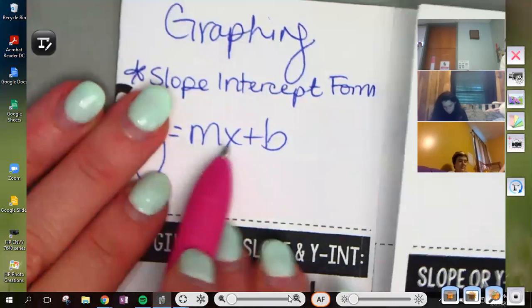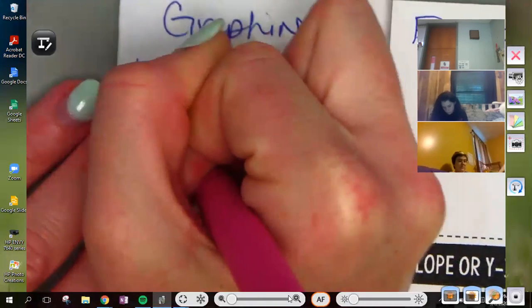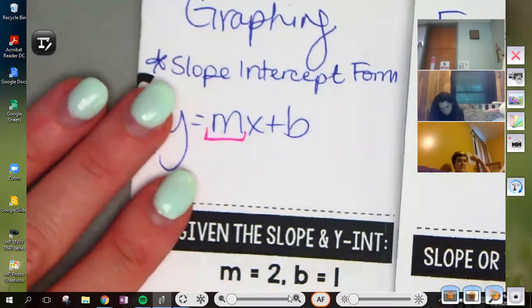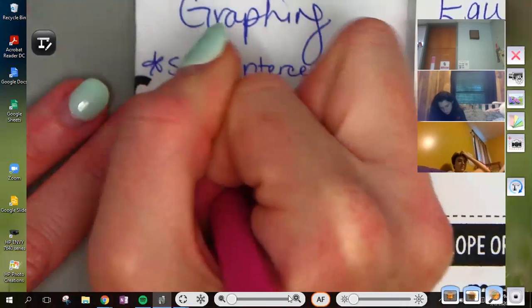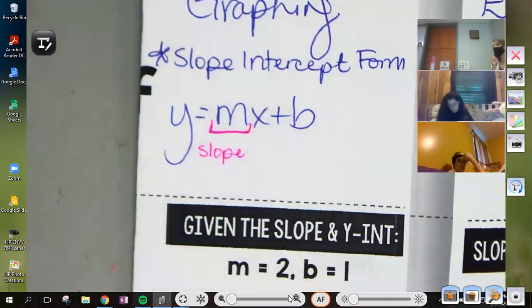Okay, so when it's set equal to y, and you're looking at the mx plus b, the number that comes in front of your x is always going to be your slope. The number that is paired with the x will always be the slope.